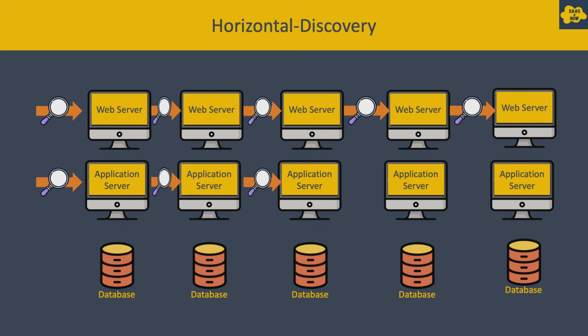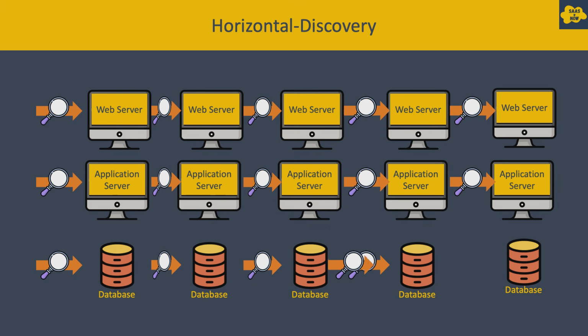And if you have multiple databases or multiple applications, then discovery will try to find those databases and applications together and update the CMDB. And that's the reason it is called horizontal discovery. And it does not discover the relationship and dependency between these two systems, which is done by service mapping.